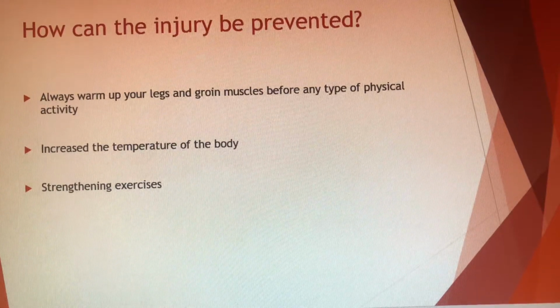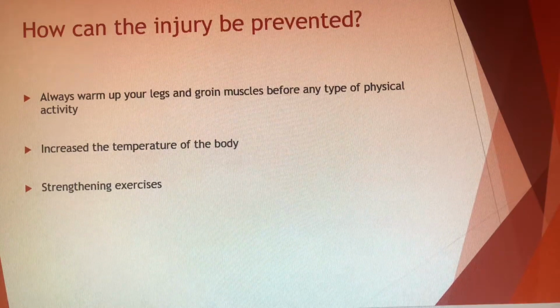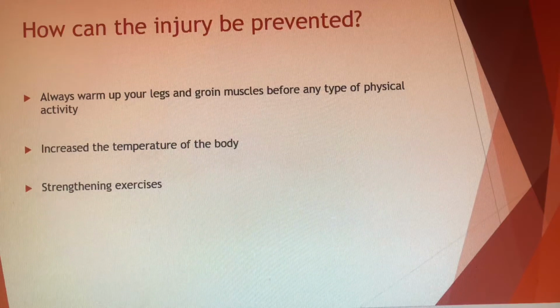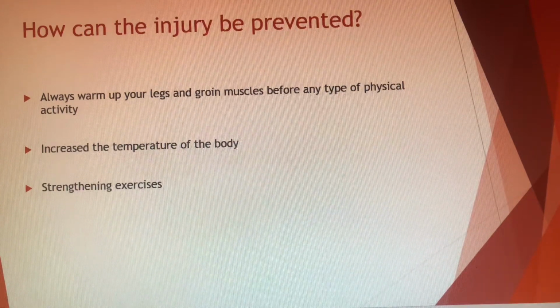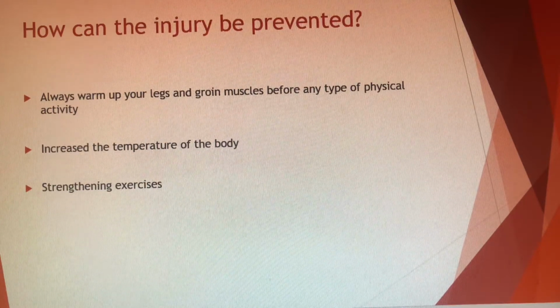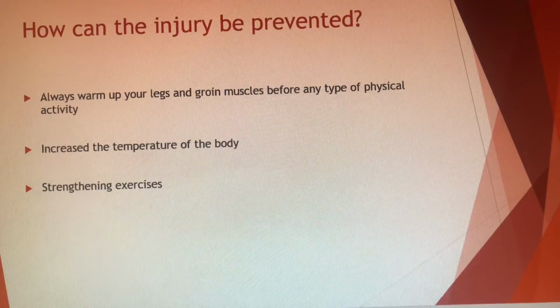How can the injury be prevented? As groin strain can be both painful and place athletes out of playing or competing for months, prevention is the best possible outcome for groin strain. To do so, the best method of prevention is to always warm up your legs and groin muscles before any type of physical activity. This can be achieved by any light physical activity that increases body temperature.